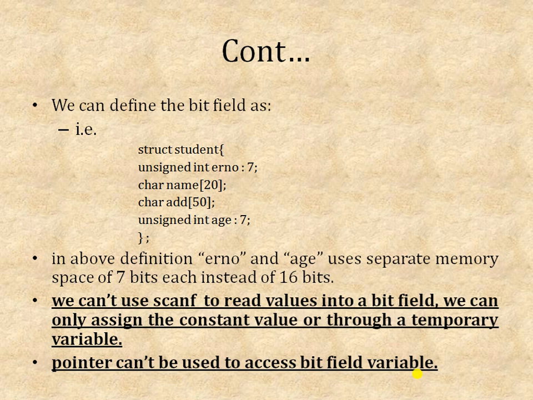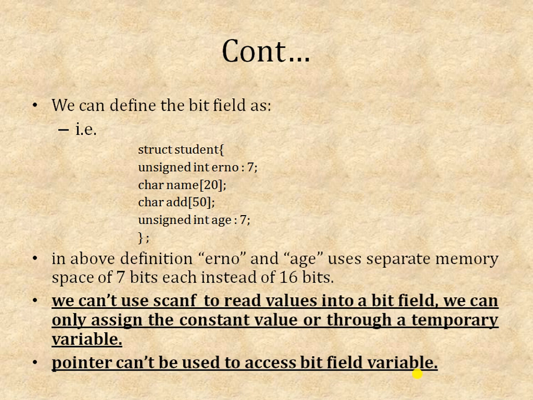So instead of occupying 16 bits for age and enrollment number, at compilation time our compiler will assign only 7 bits to enrollment number and age. In this way, we can save 18 bits together in these two member declarations, right?